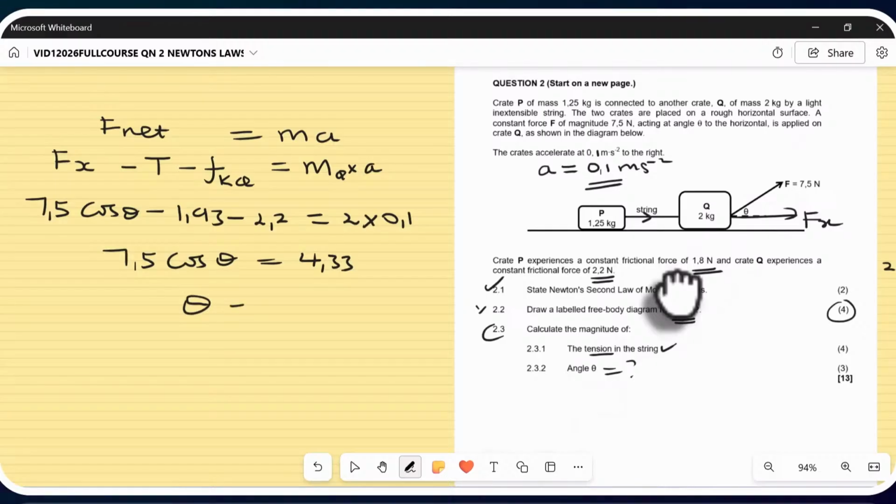Okay, so calculator, what do you get here? Calculator. So our theta, I'm getting 54,74. So this is 54,74 degrees.